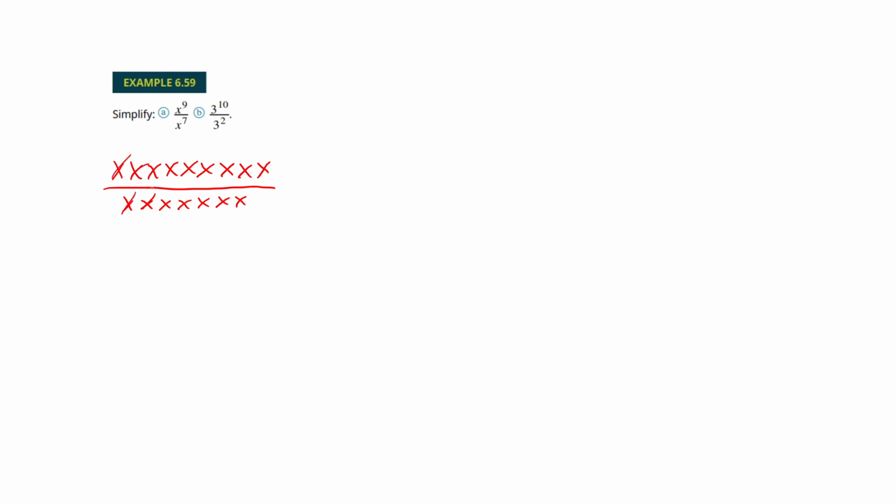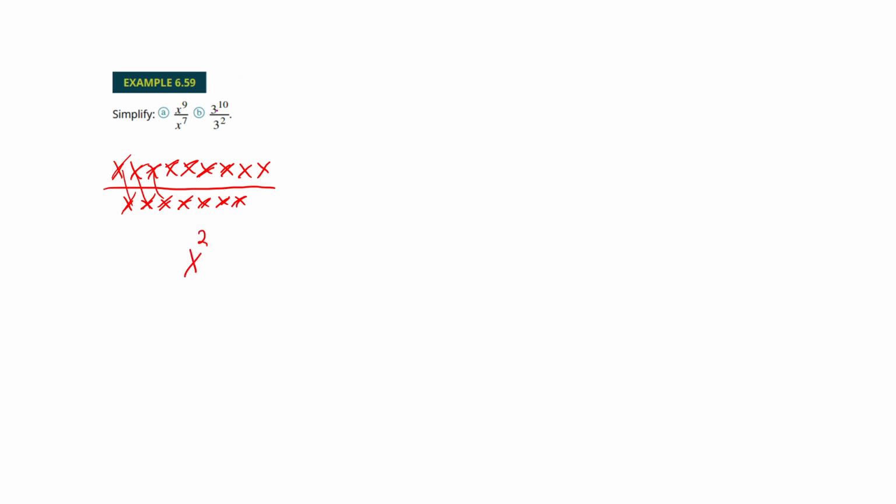And if they're factors, you can cancel out the match. Every time you've got an identical factor on the top and the bottom, you could cancel it down. And if I cancel down each of the matches, all the way down, I would have 2 x's left. And those 2 x's are on the top. So my answer would be x to the second.